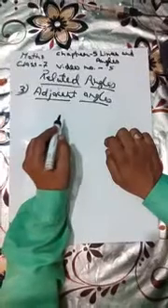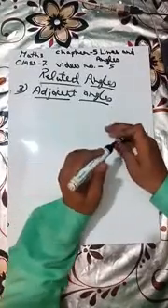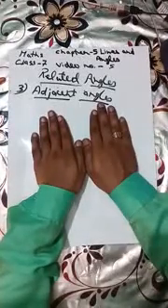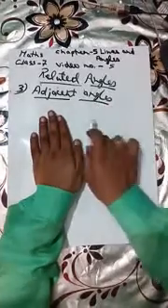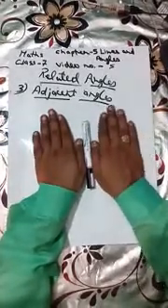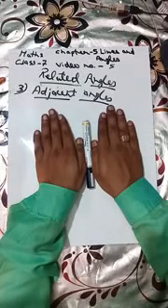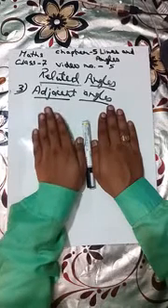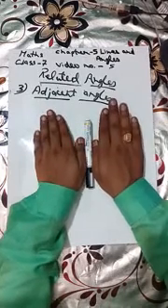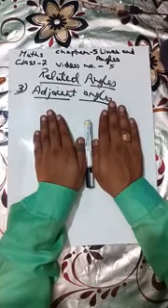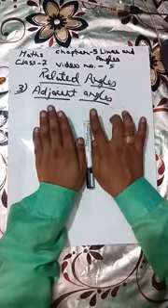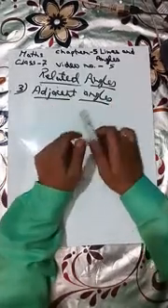See, in adjacent angles, one more thing. If you see this common arm, look at this. Let me show you with the marker. This marker represents the common wall, and one neighbor lies to the left of this common wall, and the other lies to the right of it. So this is the concept of an adjacent angle.